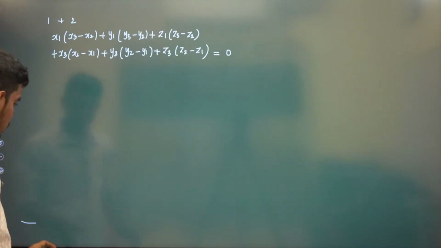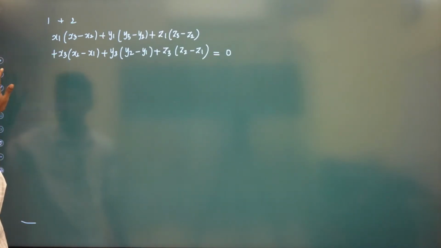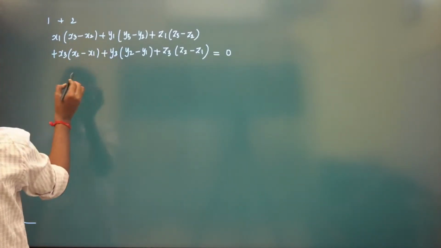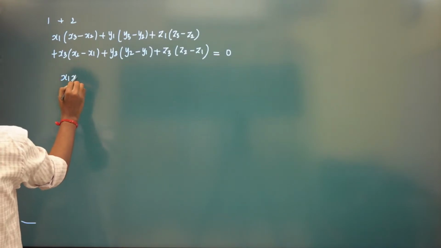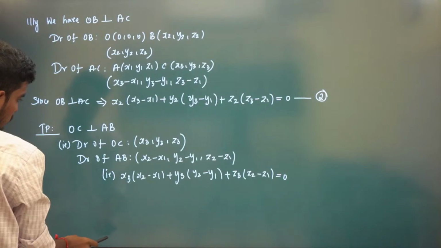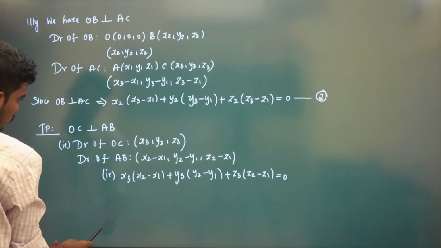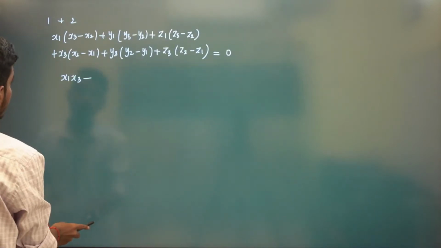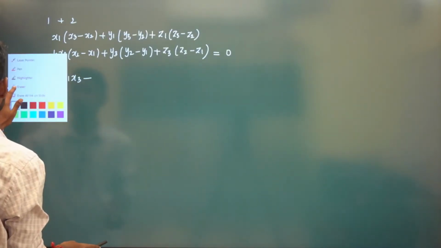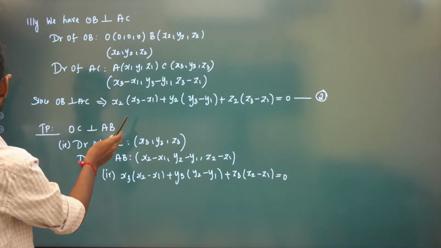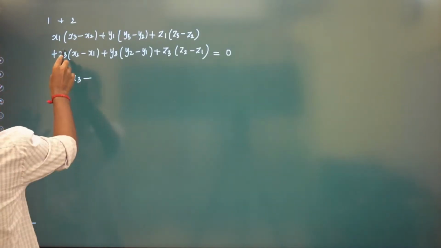Now we need to prove this. Let us multiply all this. Sorry, this is 2: x2 (x3 minus x1).